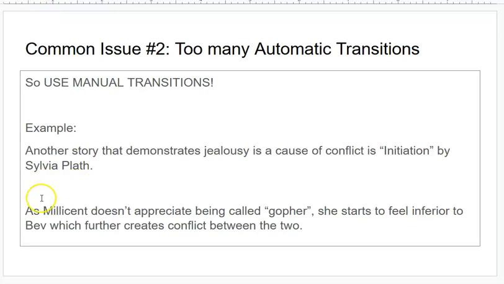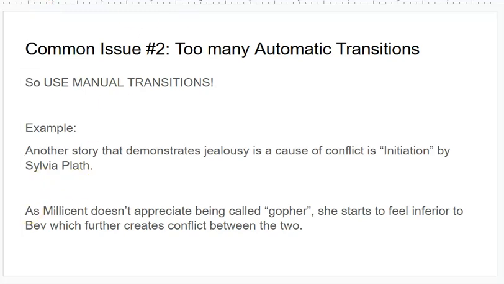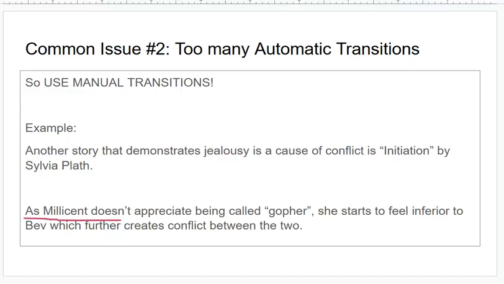So when I have this whole manual transition, as Millicent doesn't appreciate being called Gopher, and as this is true, what's the consequence? She starts to feel inferior to Bev. And then notice how which further creates conflict between the two starts to get into the commentary. So that's totally fine. Now we've got one sentence with multiple manual transitions that helps create a clear relationship between ideas.